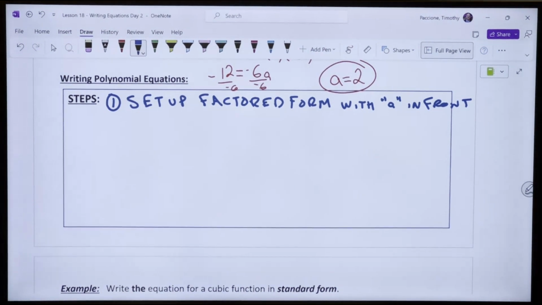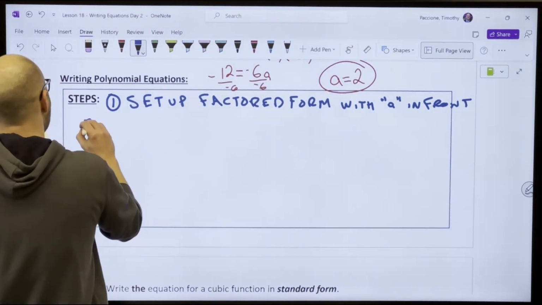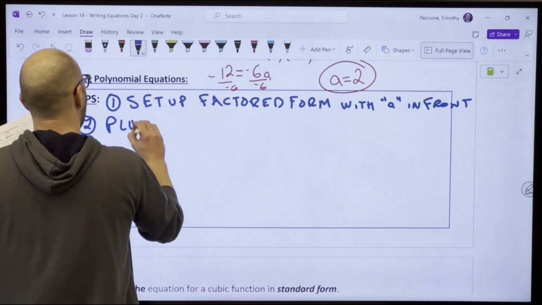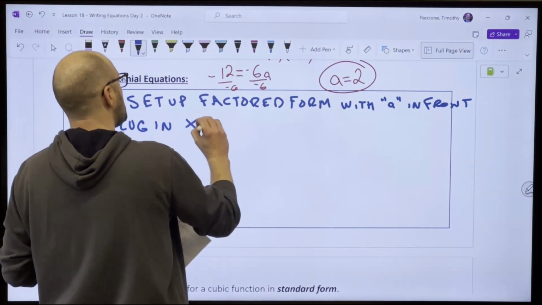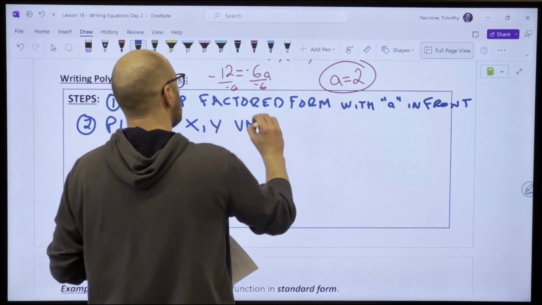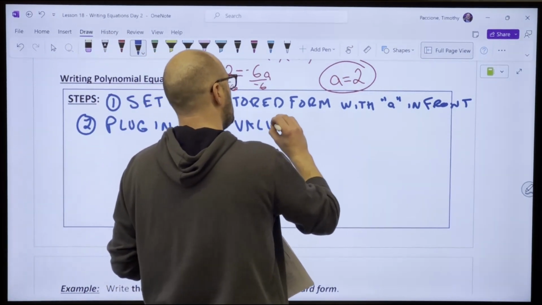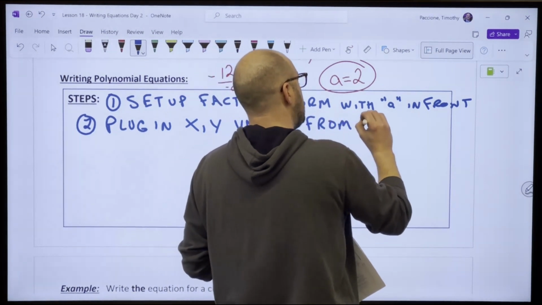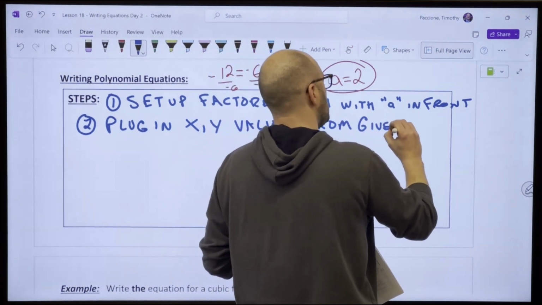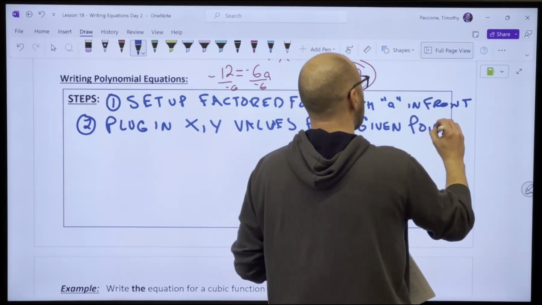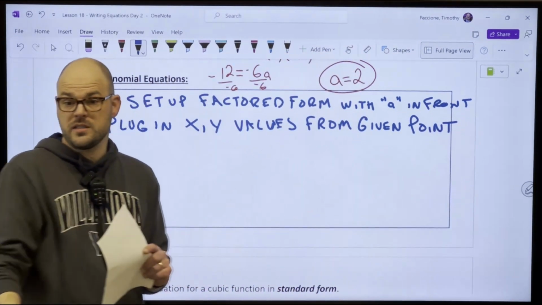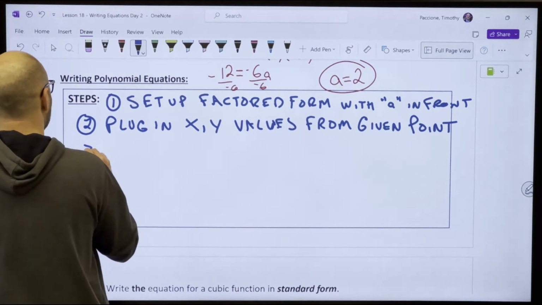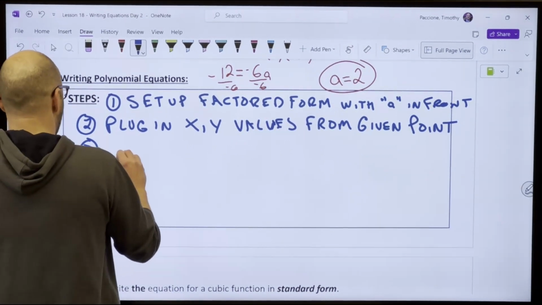We're not assuming a is 1. 2, plug in your x, y values from the given point. You'll always have a point. It might be on a graph. It might just be words that say, hey, here's a point that's on this function. 3, solve for a.